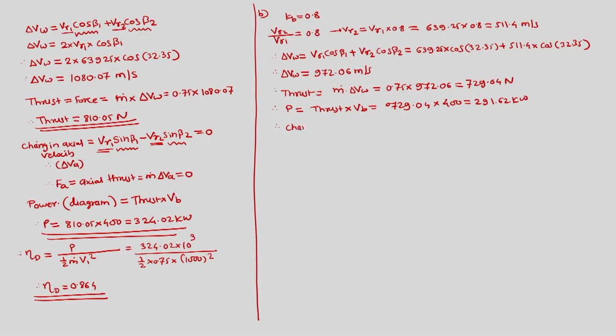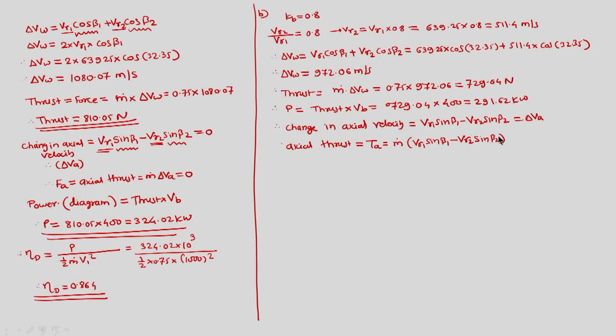Similarly, we can find out the change in axial velocity, which is equal to VR1 sin beta 1 minus VR2 sin beta 2, which is delta VA. So axial thrust, maybe TA, is equal to m dot into VR1 sin beta 1 minus VR2 sin beta 2.